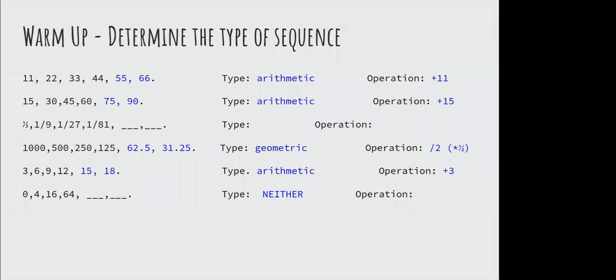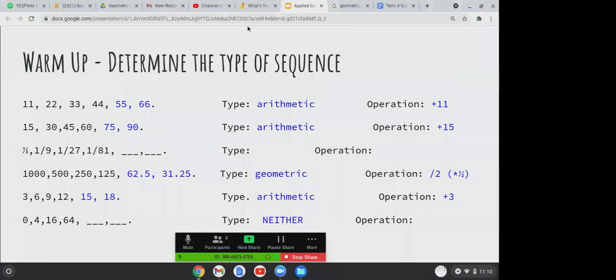Think about which portion of the fraction is changing, and how is that portion changing? Okay, I'm going to stop my share for a second so I can show you the board.